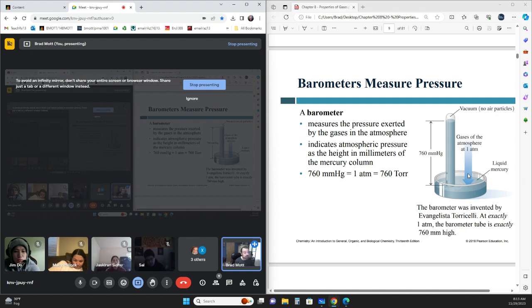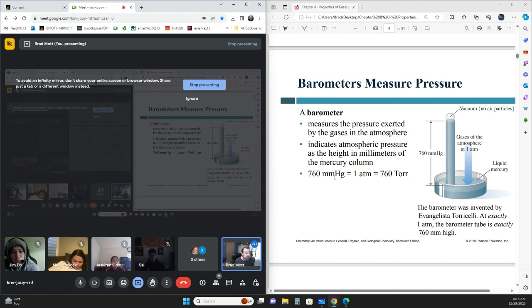It just so happens there's a fella named Evangelista Torricelli. Must be Latin or Italian. Torricelli, Torr, is where this comes from. They found that at sea level, the atmosphere presses down with exactly 760 millimeters of mercury, about three-quarters of a meter, which we set as equal to 1 atmosphere of pressure or 760 torr.